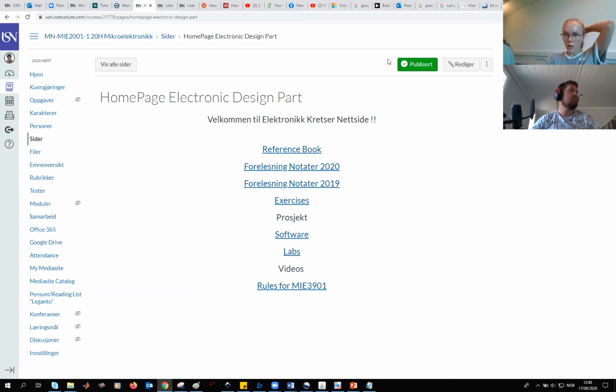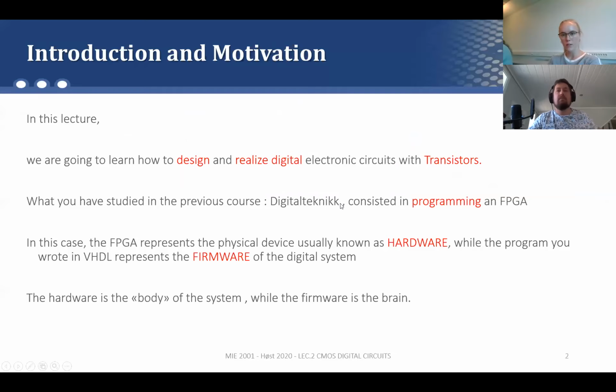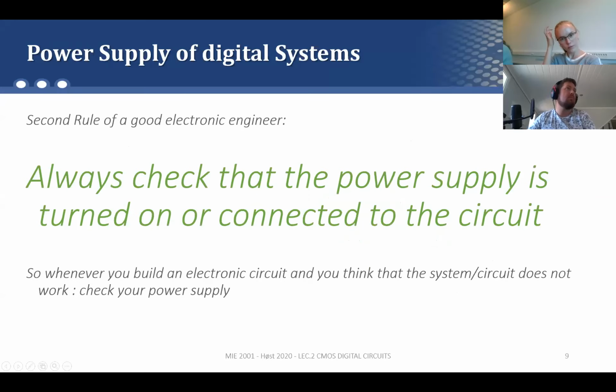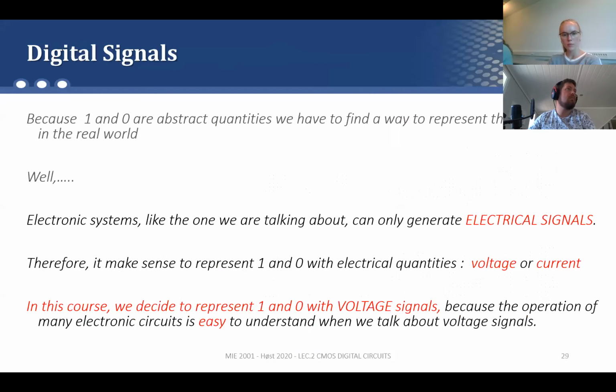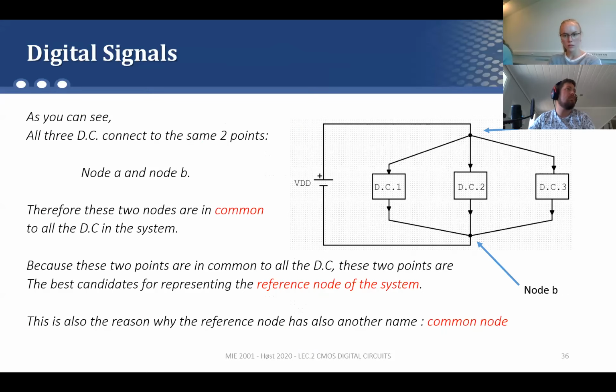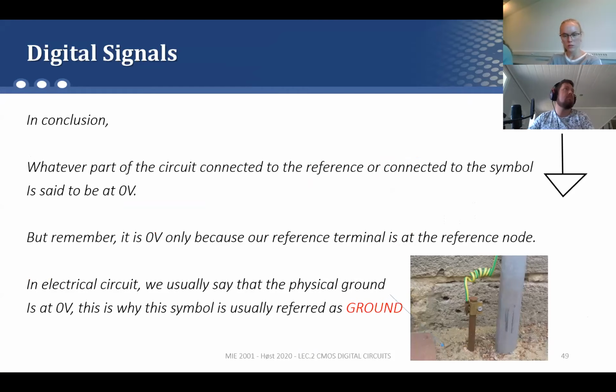Anyway, I have to start with the Forelesning, because otherwise we just talk about bureaucratic stuff and we don't start. Hopefully you can see my screen with the slide, and we are going back to what we were talking about last time. So finally, you have seen how to build an inverter with the transistor.